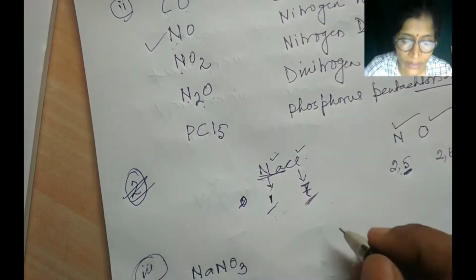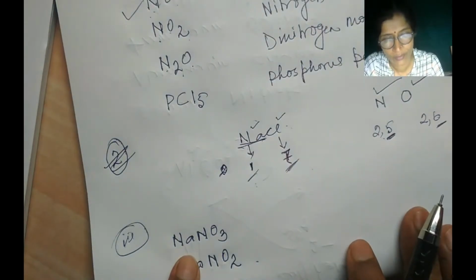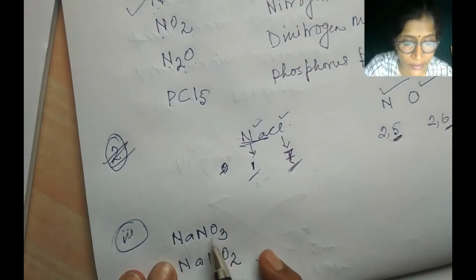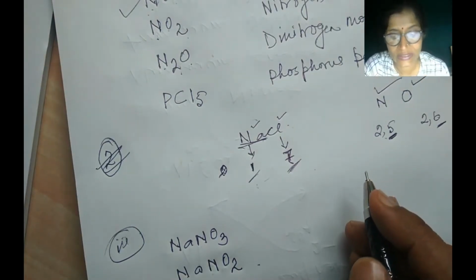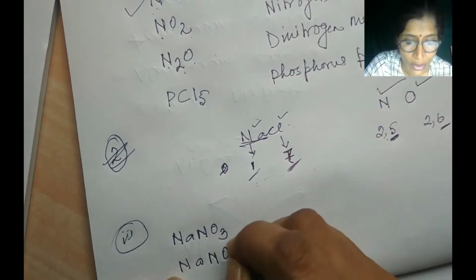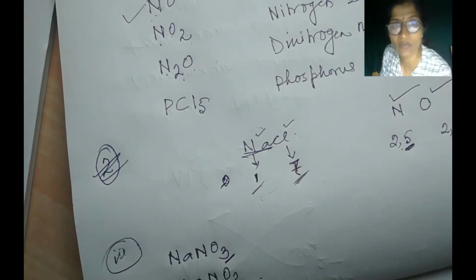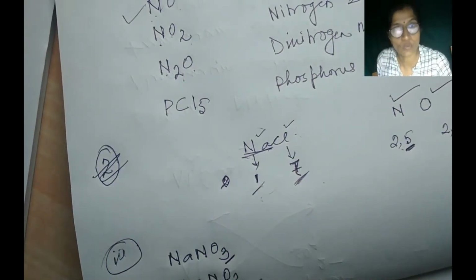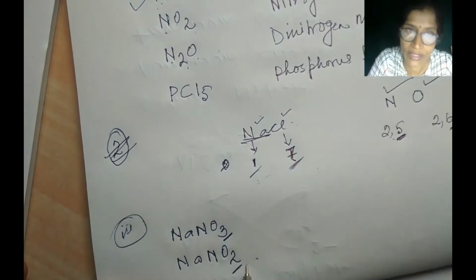So here what will happen? The first element is as it is, that is sodium. And then here it will be NO3. NaNO3: oxygen here is more and here oxygen is less. So when it is 3, then we will add the word ate. And when it is 2, I will use the word ite. So this compound is sodium nitrate, while this compound is sodium nitrite.